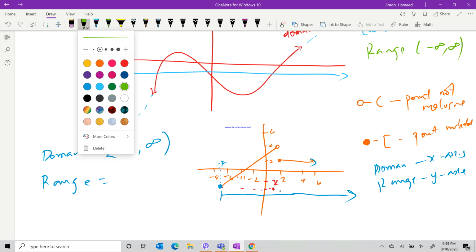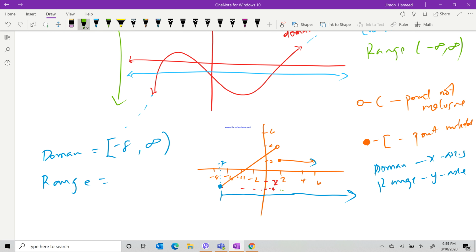This is the least possible y value we can have, and this is the highest possible value. So your y is within this range. The range is from -4 to +4.